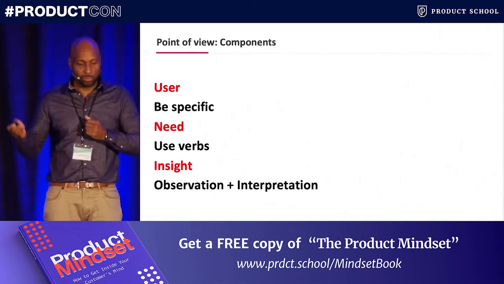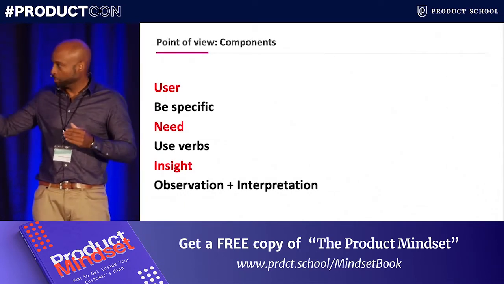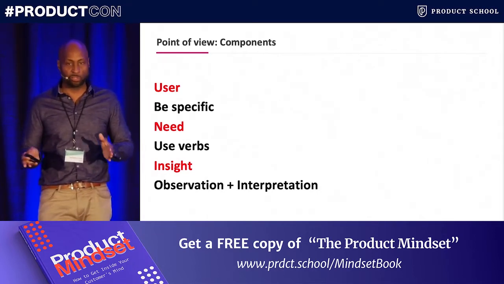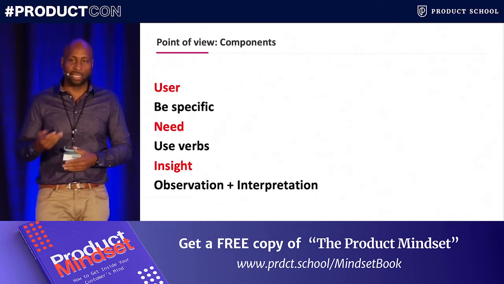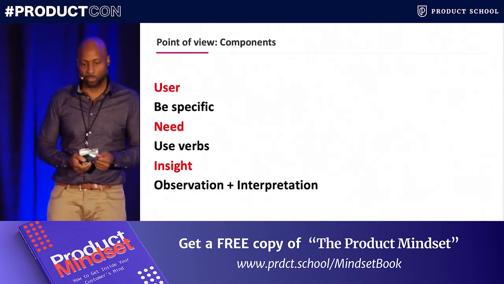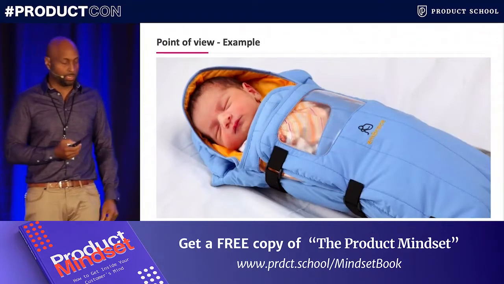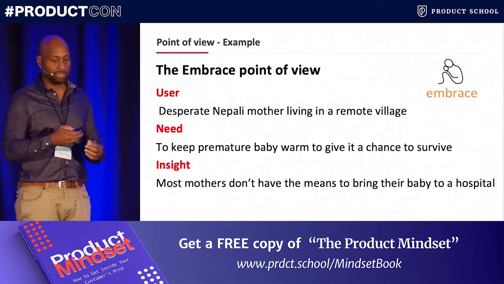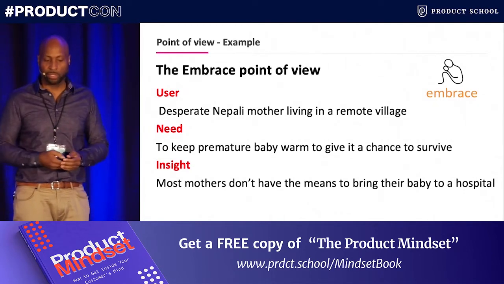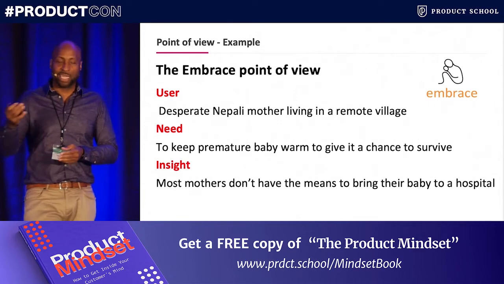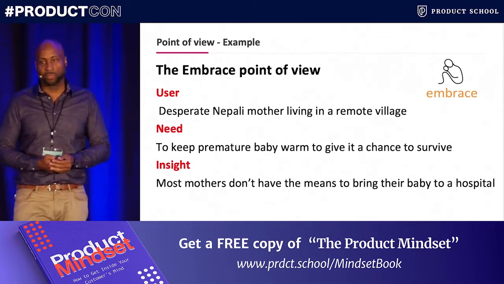Components of point of view: you have a user. This is kind of like a user story. You have what they're trying to do and the insight you get from what they're trying to do. Let's go back to the infant warmer example. So Embrace, the company, their point of view is now that the user is the desperate Nepali mother living in this remote village where they didn't have the means to get to these hospitals.